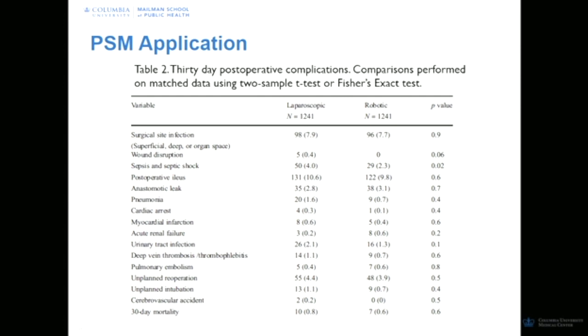For this comparison, I used two-sample independent t-test and Fisher exact test. What are the outcomes of interest? 30-day mortality, unplanned operation, all these post-operative complications. And this is it. The reference is there. You can take a look and use it as an example of how to report the results of PSM, how to check for balance.